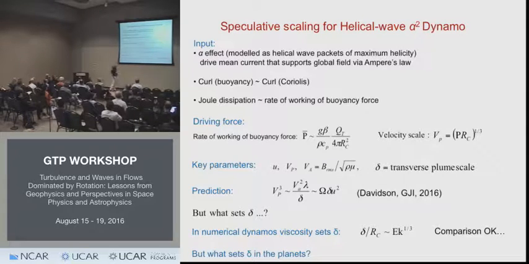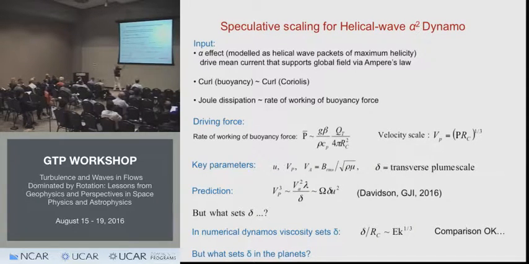What pops out of this is just this simple expression here, that the cube of my characteristic forcing velocity, V sub P, scales as the Alfvén velocity squared times lambda, the magnetic diffusivity in the core. Delta is my transverse dimension, which I don't know. Here's omega, the background rotation rate, delta, and u squared.